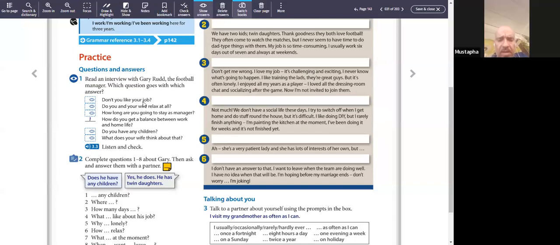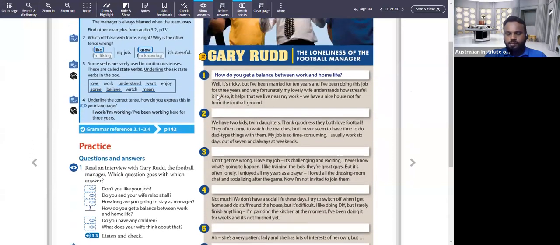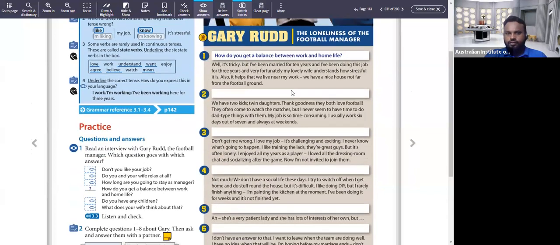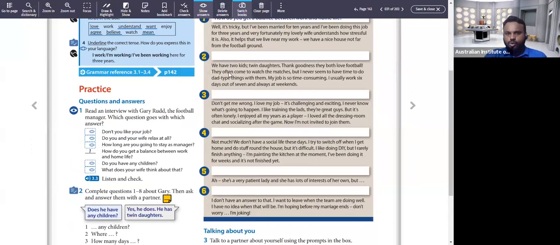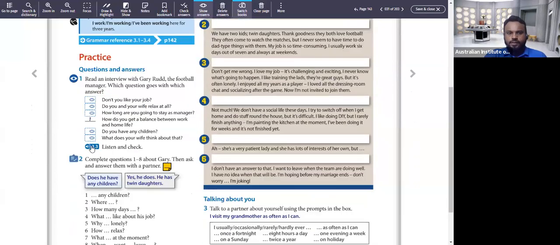So, "Don't you like your job?" We have one down here: "How do you get a balance between work and home life?" So the answer is 1. Likewise, we have to choose the headings from here. Okay, you ready? Let's listen.